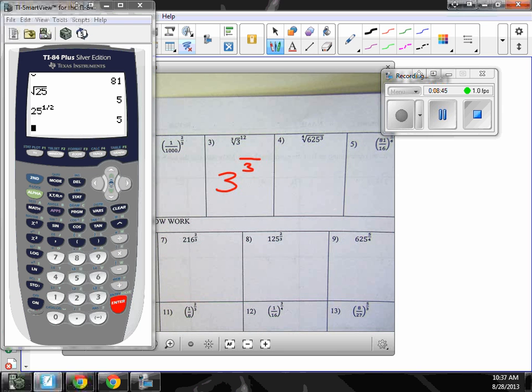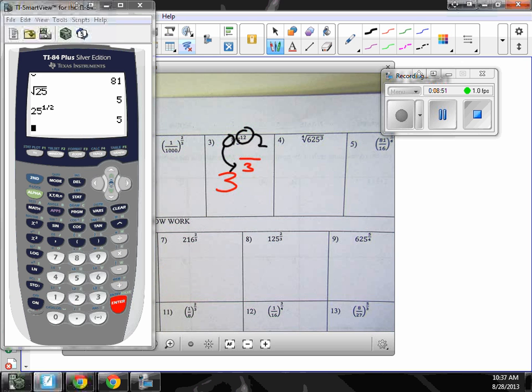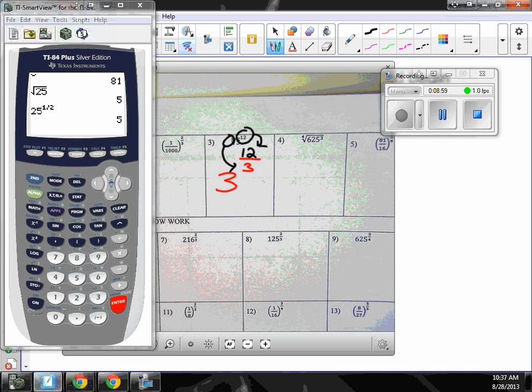This root becomes the denominator, and the exponent becomes the numerator. 3 to the 12 thirds. So write that down. And the cool thing is, you can do the 3 first or the 12 first. It doesn't matter.